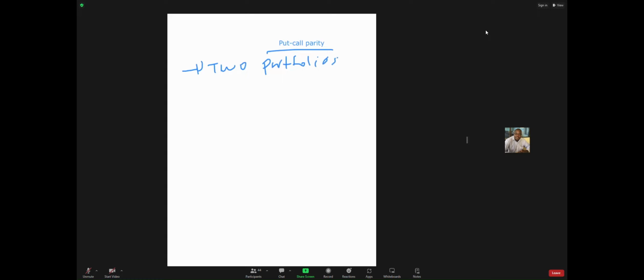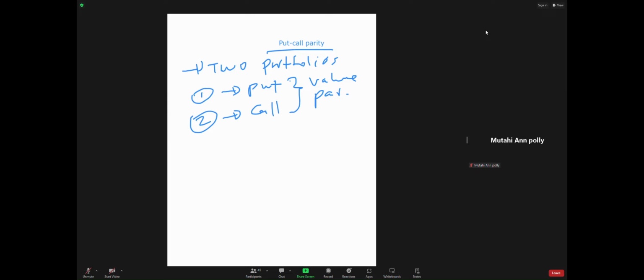You create two portfolios, one that has a put, then another has a call, such that the value of the two portfolios for the observed time horizon will be at par. At par means equal. That's where the word parity is coming from.